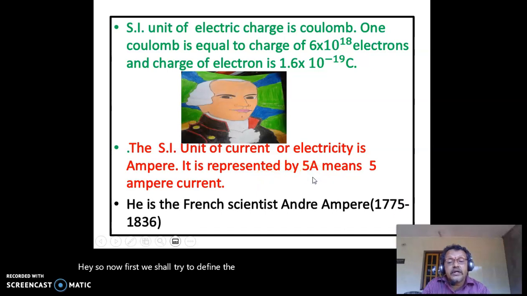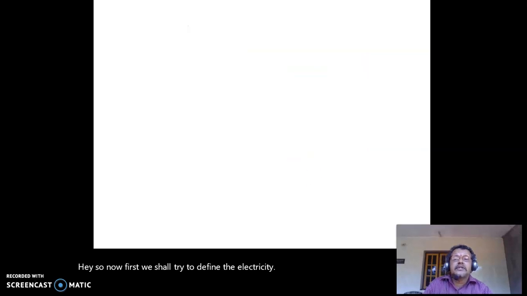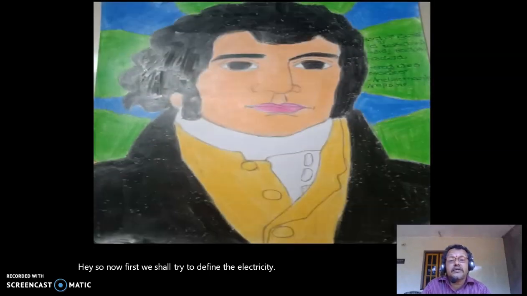Okay. The French scientist Andre Ampere, who lived from 1775 to 1836, invented this. Therefore we use the unit ampere. He is the Ampere who found the electric current, the ammeter and the ampere.